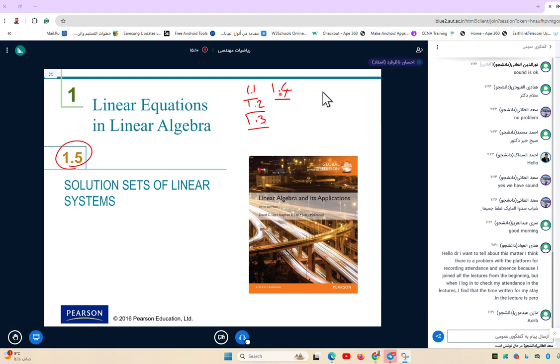It is not a formal assignment, but if you can do that, I'm sure that you are able to handle the exam. So okay, this is 1.5, solution sets for a linear system.